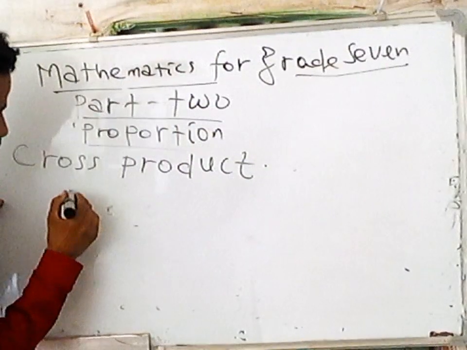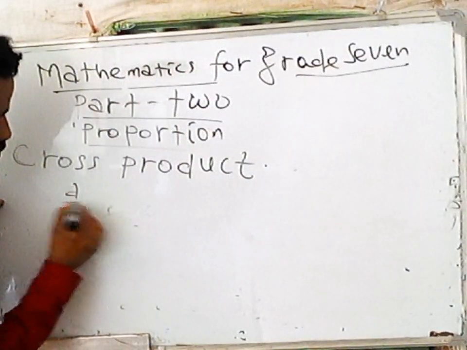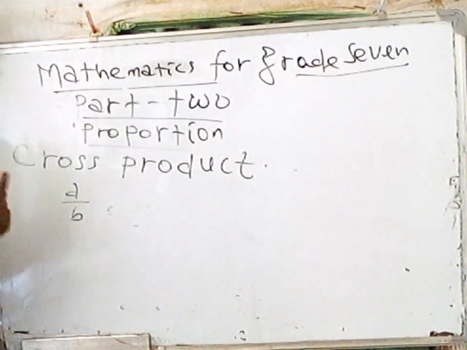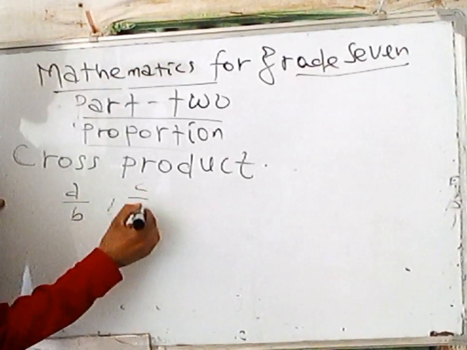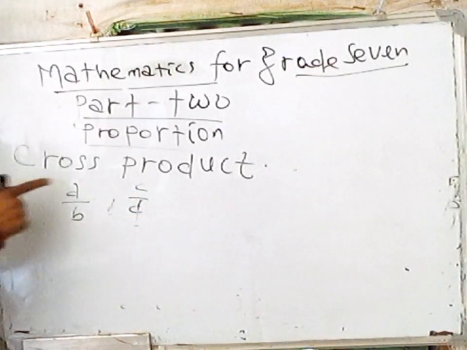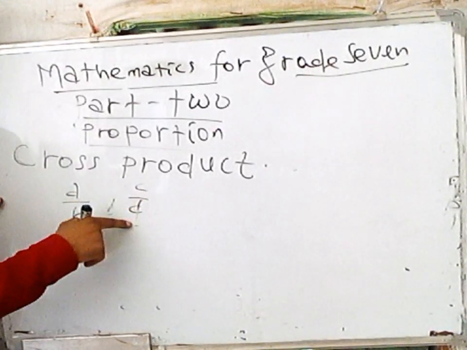That means if a to b is given as one ratio and c to d is given as the other ratio, check whether a to b is proportional to c to d.